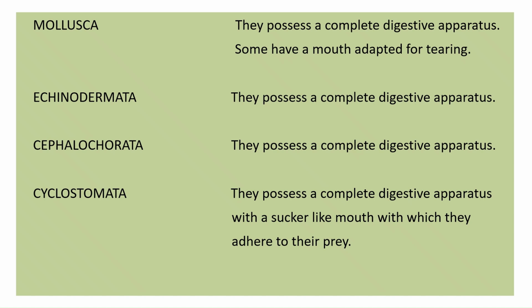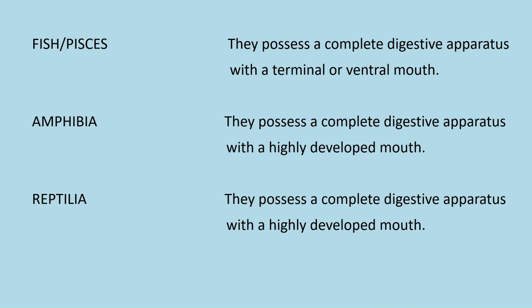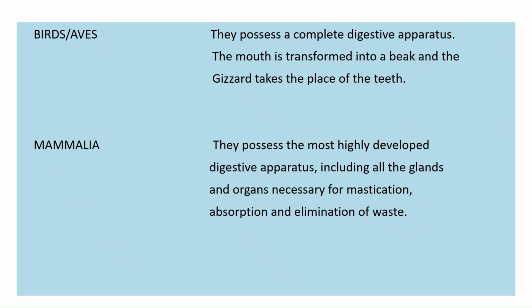This slide shows the labels and story cards for mollusca, echinodermata, cephalochordata, and cyclostomata. Next, we have the labels and cards for the fish or Pisces, amphibia, and reptilia. Here are the labels and story cards for the birds or aves and mammalia.